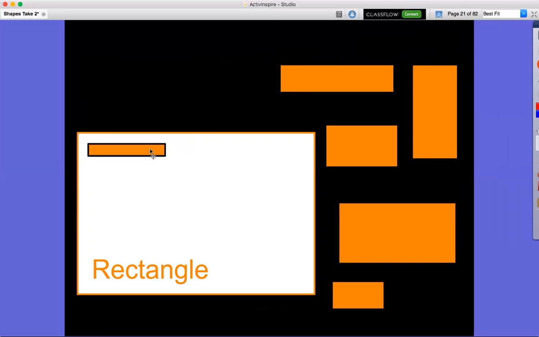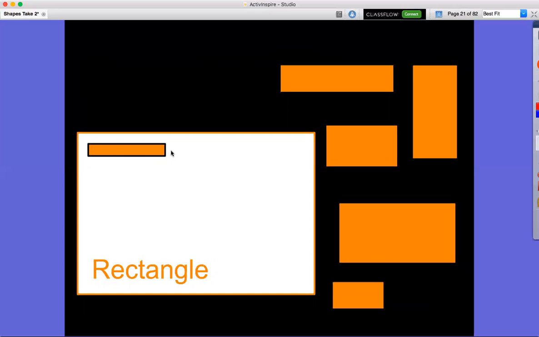This rectangle, this is just a little rectangle. It has four sides, one, two, three, four, two short sides that are opposite from each other, two long sides that are opposite, parallel. They are going straight, parallel with each other. And it has four corners.